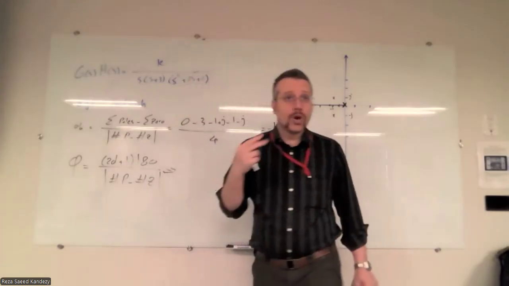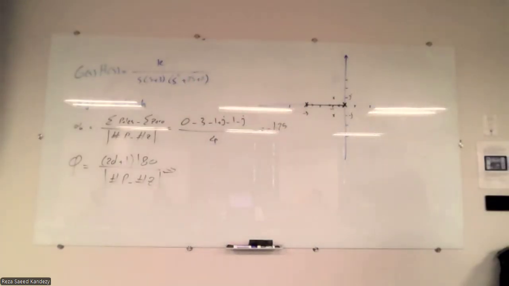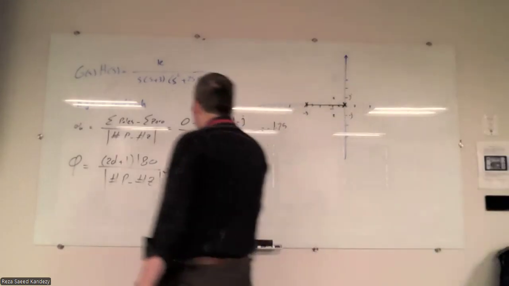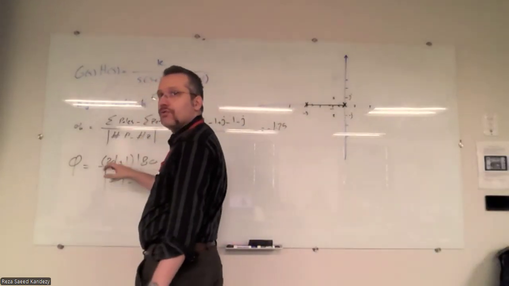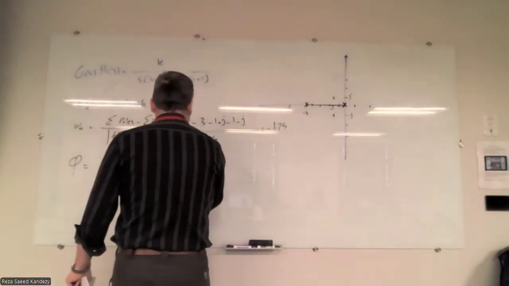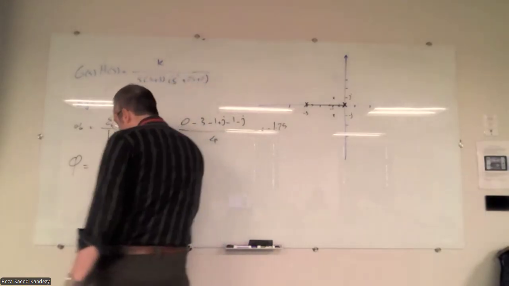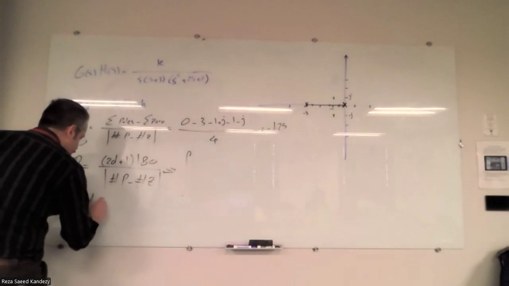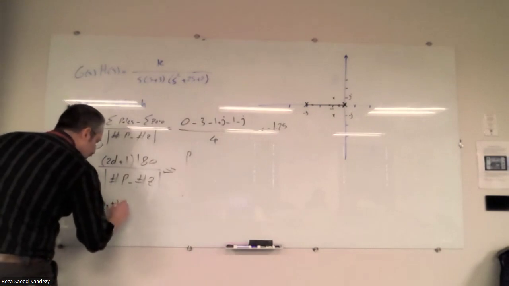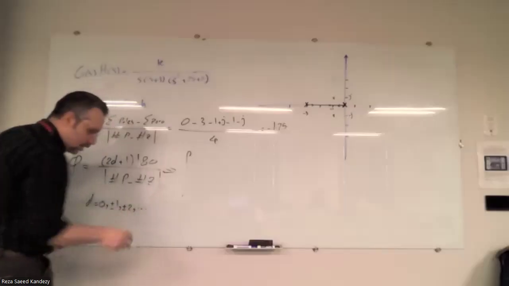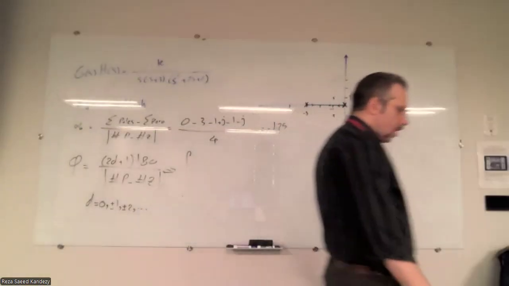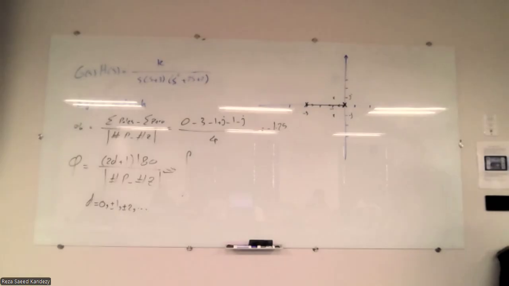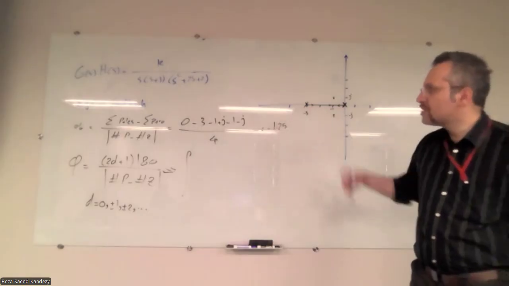We need 4 lines, that means we need 4 angles. So we are going to change the d to find all those 4 angles. And we said d is going to be equal to 0 and then plus minus 1 and then plus minus 2 all the way to infinity. And we are going to move forward until we reach the number of the angles that we need, which in this case is 4.